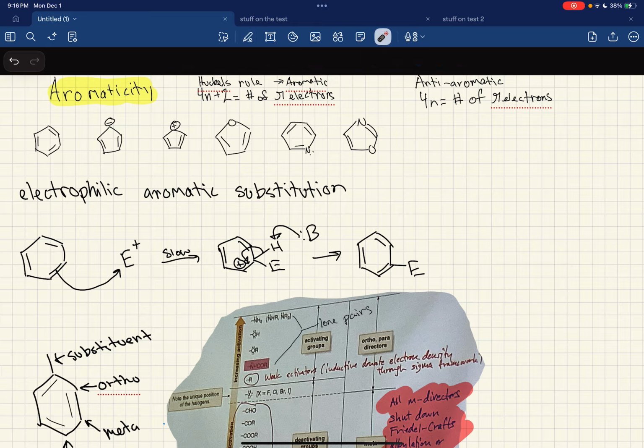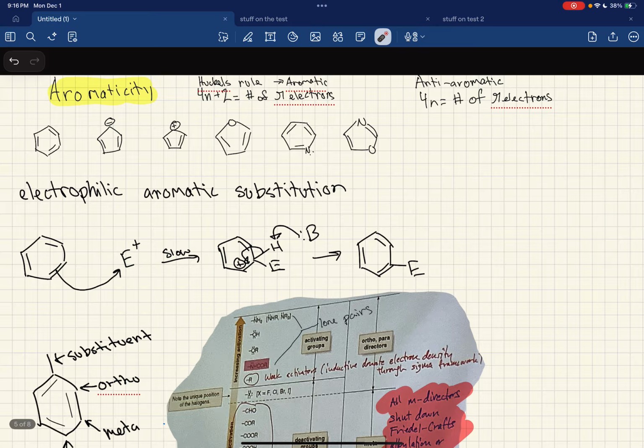So we're going to use it based on Huckel's rule and then this other rule. I don't know what it's called. It's just the other rule. So we have this little formula where 4n plus 2 equals the number of pi electrons. That's what Huckel's rule is.